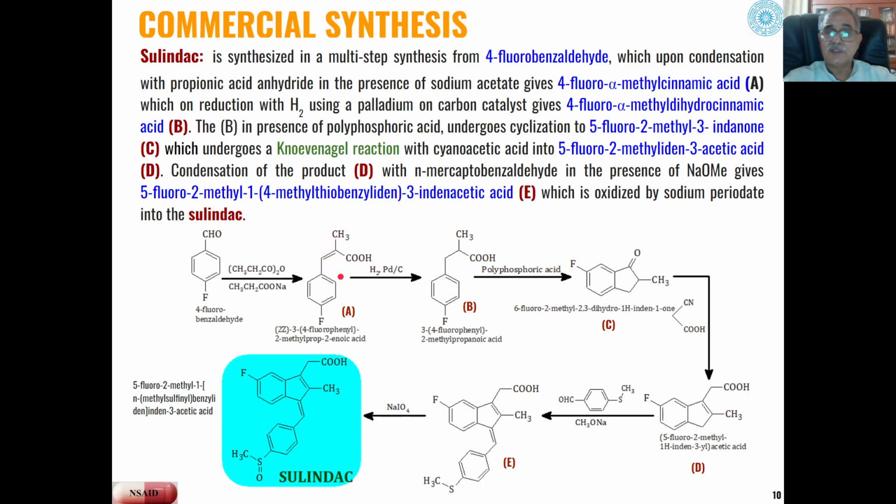So this is a very common organic functional group transformation, the synthesis of cinnamic acid derivatives from aldehydes or ketones.